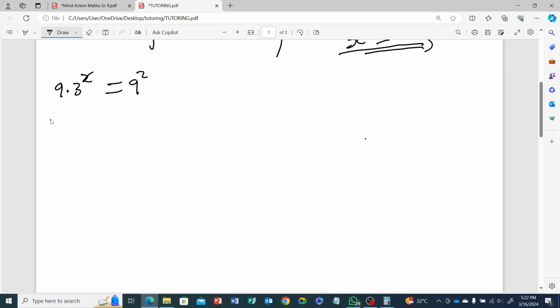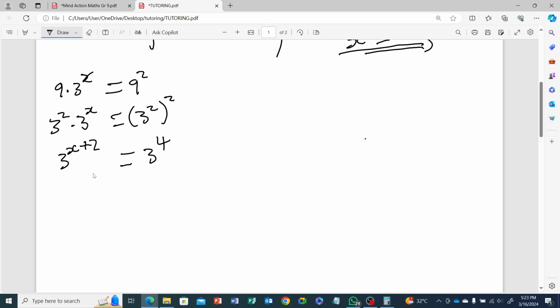So what you need to do is turn this into 3 squared times 3 to the power of x, which is equal to 3 squared raised to the 2. So this is the same as 3 exponent x plus 2, by the laws of exponents, because you multiply the same base, which is equal to 3 exponent 4.